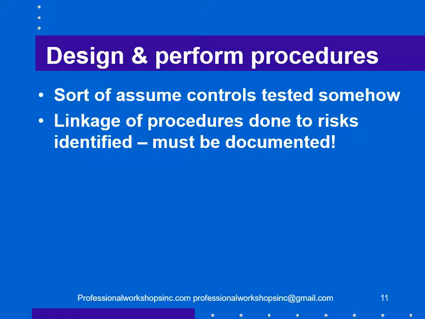And after we've done that, design and perform procedures. Now, the way standards are now written, it sort of assumes that controls are tested, because it says do your risk assessment procedures. It kind of assumes that we've done risk assessment procedures and not just documented and understood control, but also tested it to see if it was actually working.